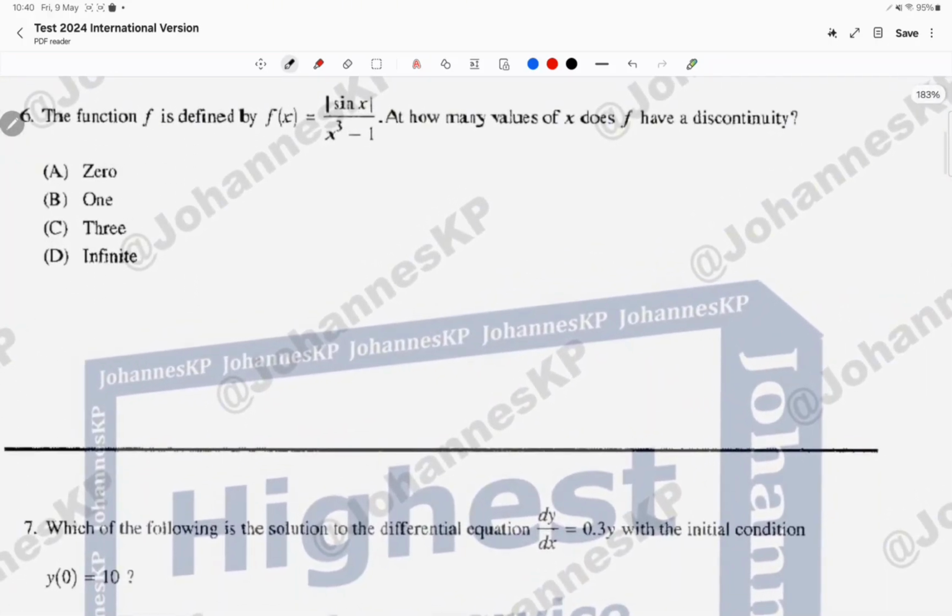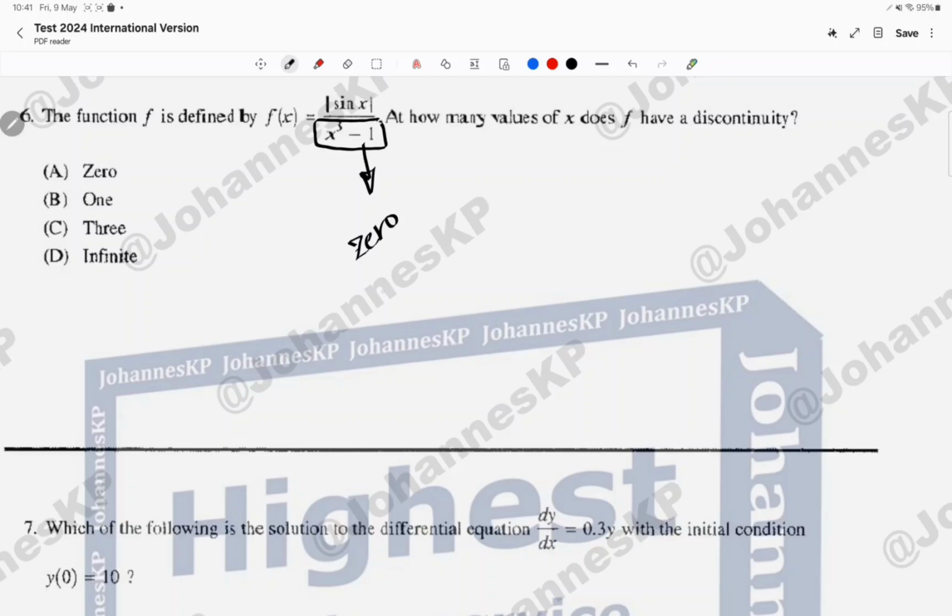Question 6. The function is defined by this guy. At how many values of x does f have a discontinuity? So discontinuity basically means that this here, if I were to equalize it to 0, I would get a certain x value, correct? Yes.